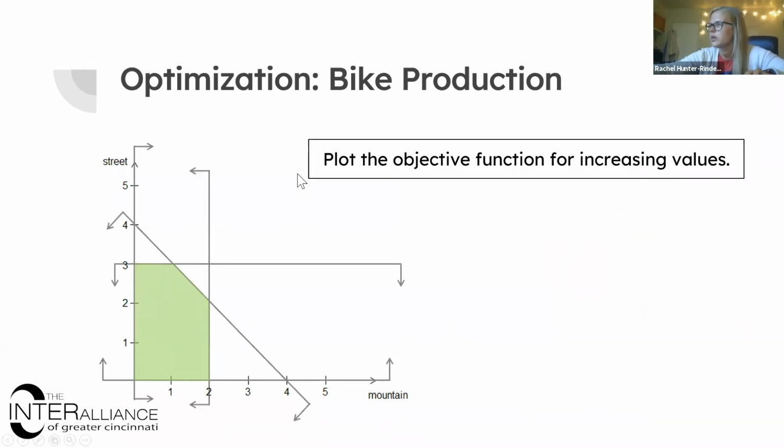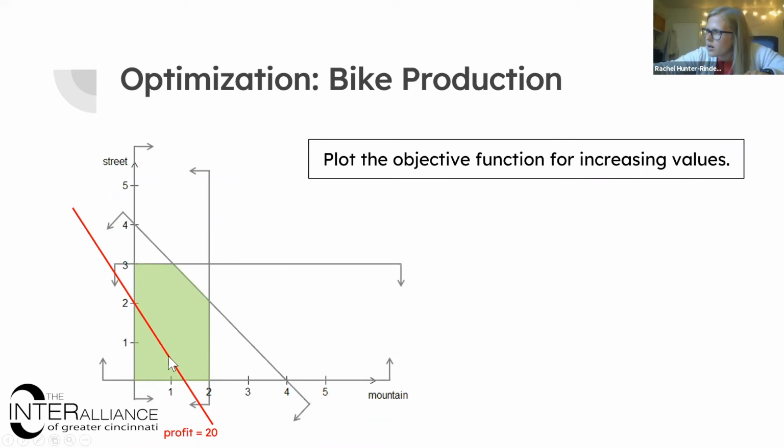So what we're going to do is plot the objective function for increasing values. So we're essentially plotting like a contour plot, which hopefully we're following here. This first red line shows any combination.